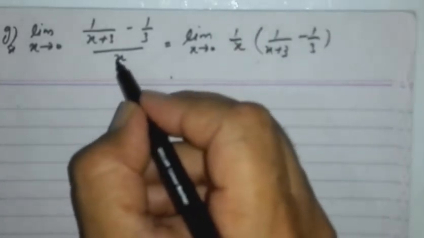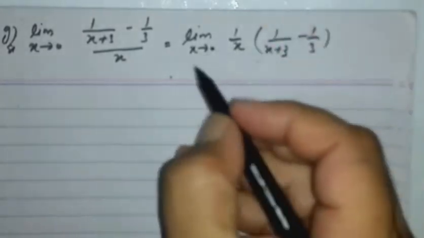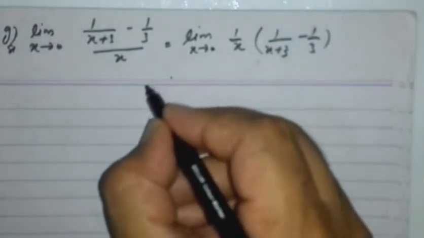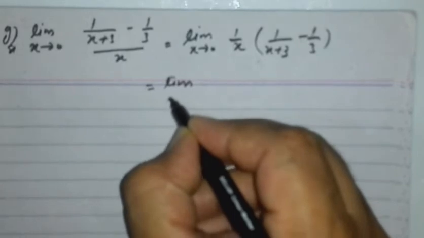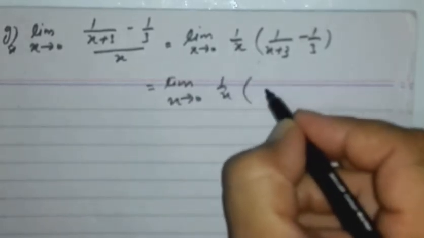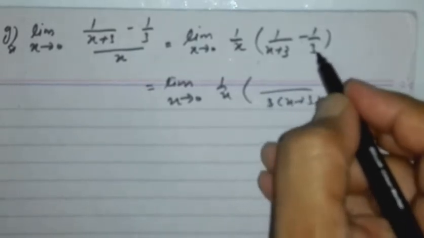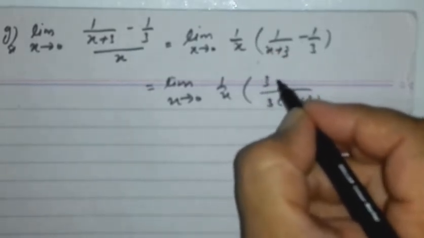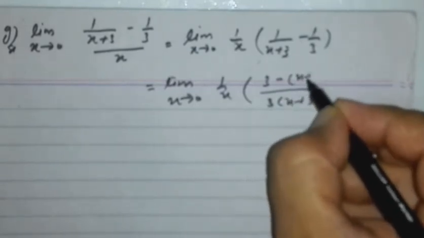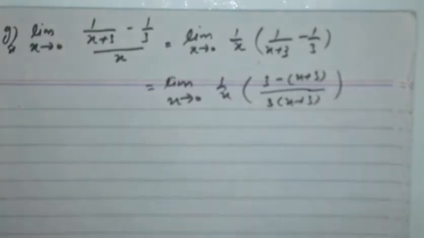This is in the denominator, so we can write it separately as this and this. Now take the LCM here. Limit x tends to 0. Here the LCM is 3 into x plus 3. So 3 times 1 is 3 and minus x plus 3 is multiplied by 1. So we get this.